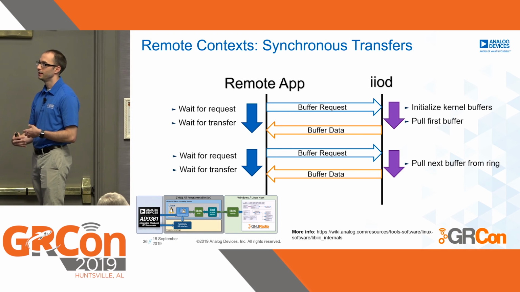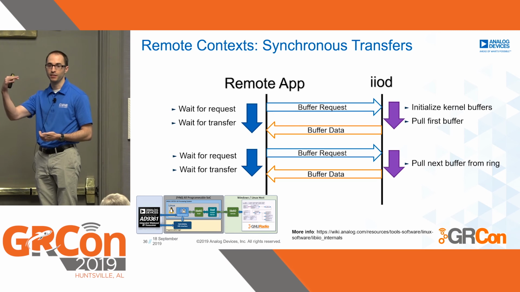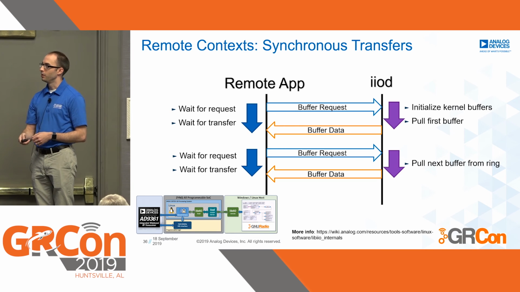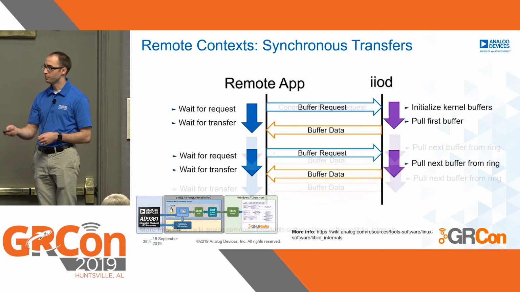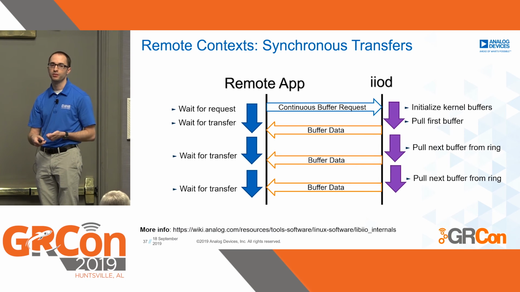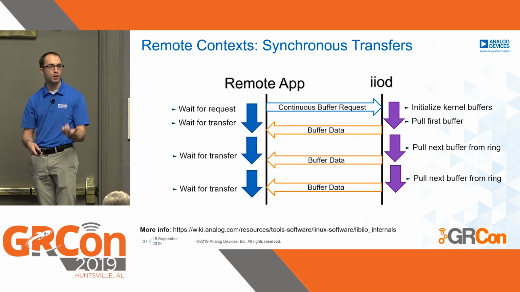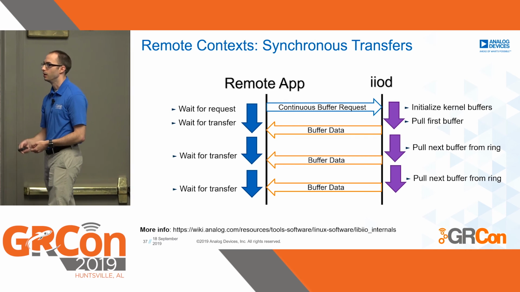This will actually cause roughly 30% overhead from the ceiling of your platform. So in libiio 2.0, we're looking at modifying this to do a more asynchronous transfer. So you do a single request, and then you just keep pulling buffers back, and this will give you a lot more speed.